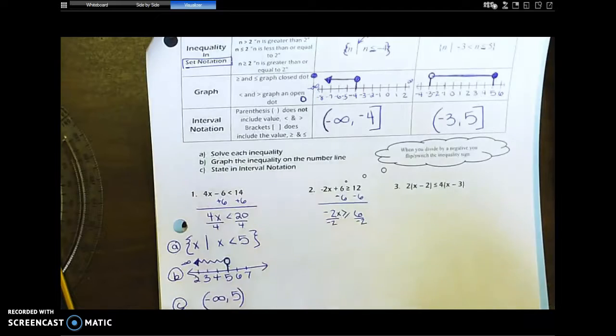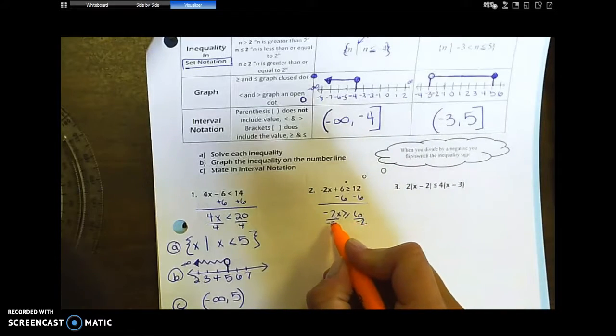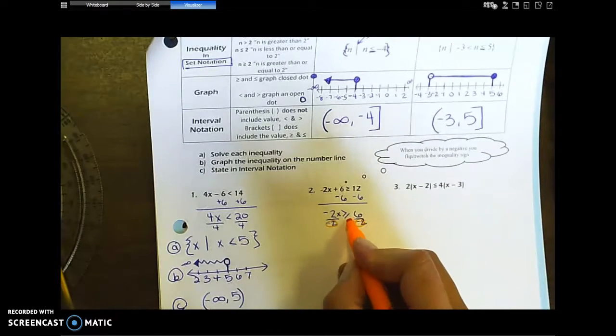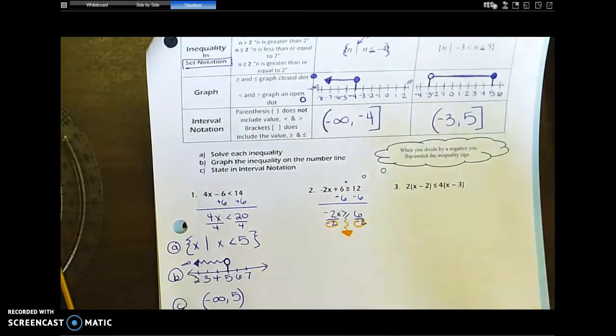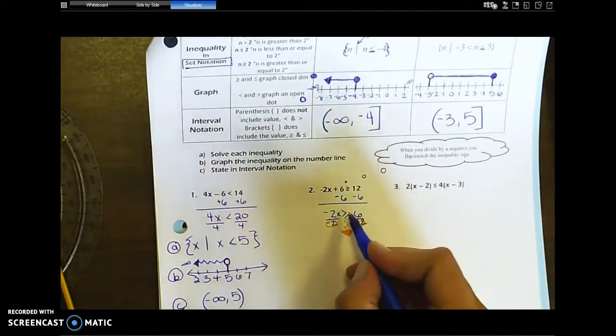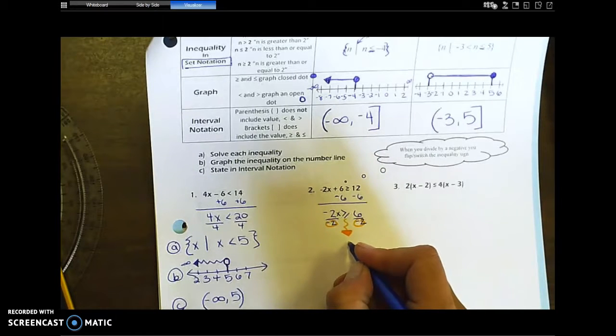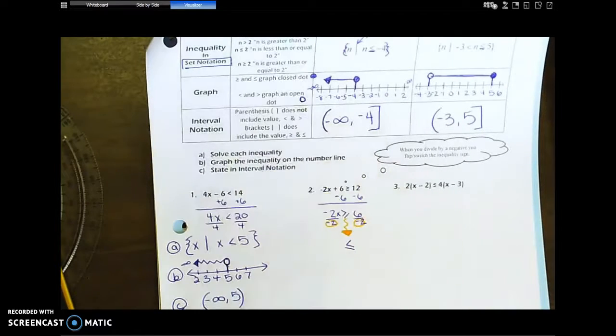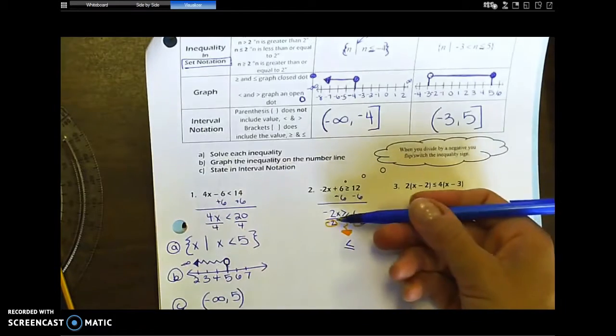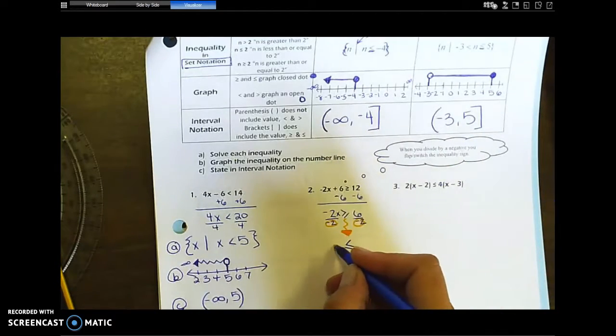We have to remember, when we divide by a negative, I repeat, when you divide by a negative, right here, you have to take this inequality symbol and flip it. So we don't like to divide by a negative. Instead of greater than or equal to, now it becomes less than or equal to. -2x divided by -2, we get x.